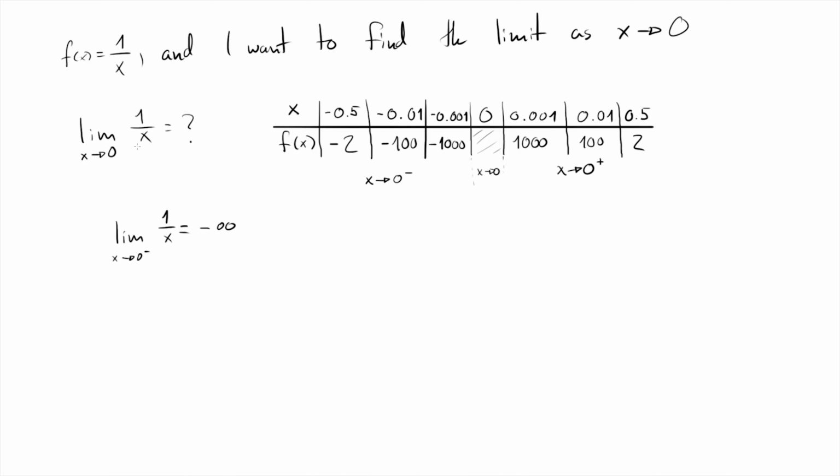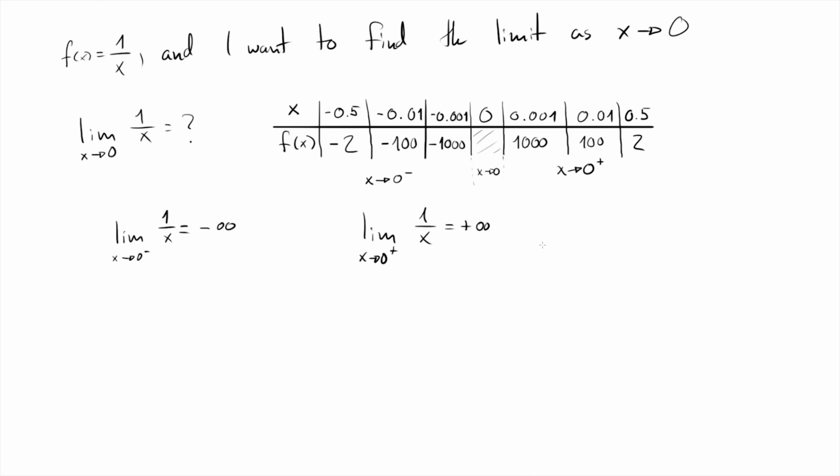And if it's a positive x value, it's going to be a very, very positive number. Okay, so the limit as x approaches 0 from the left-hand side is equal to negative infinity. And the limit as x approaches 0 from the right-hand side of 1 over x is actually positive infinity.